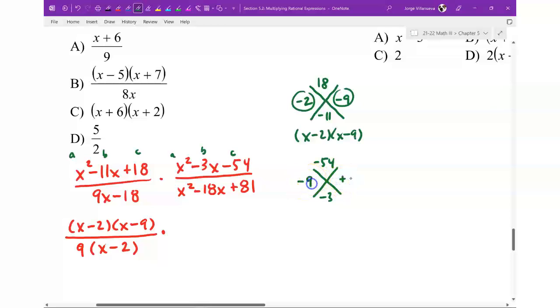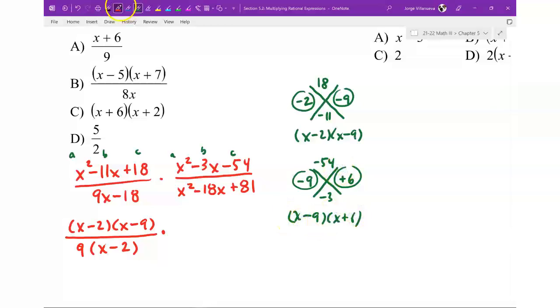Negative 9 and a positive 6. Because 9 times 6 is 54, right? If we need it to be a negative 3, then the 9 has to be negative. So here we go. That'll be x minus 9, x plus 6. So let me put that right here. X minus 9, x plus 6.